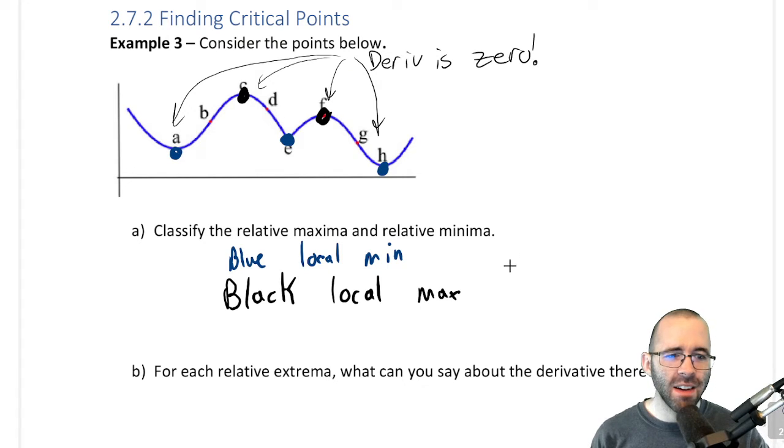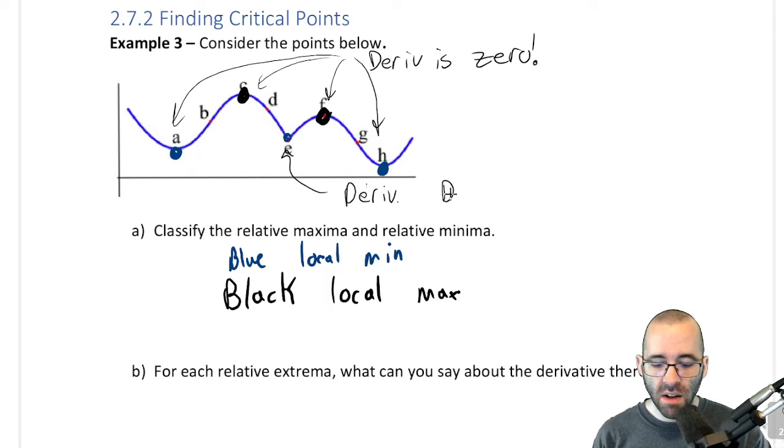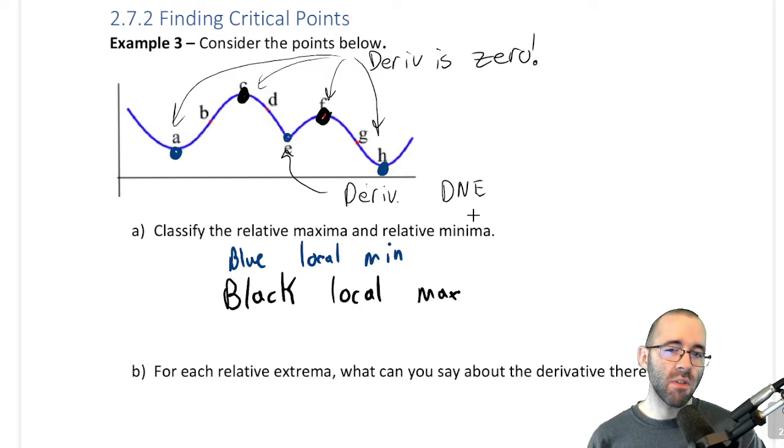But what about E? What's the derivative at E? Well, at E, the derivative doesn't exist. The slope from the left is different from the slope at the right.